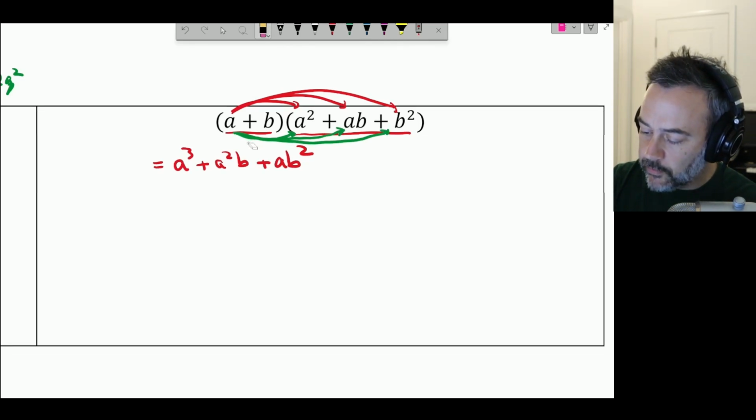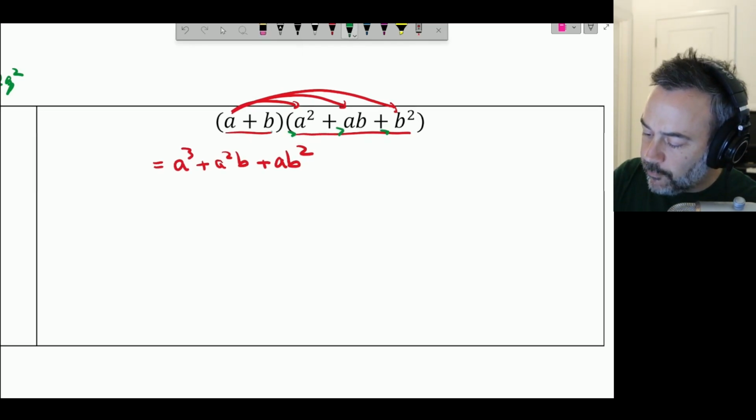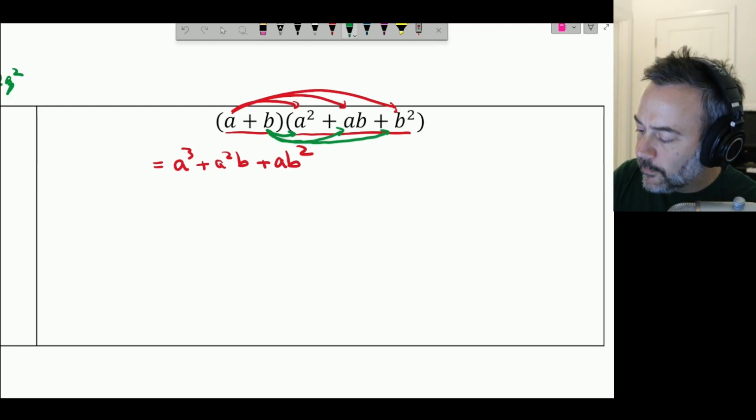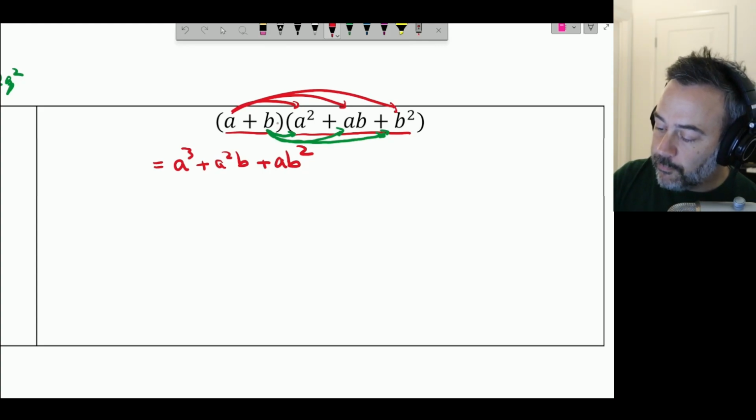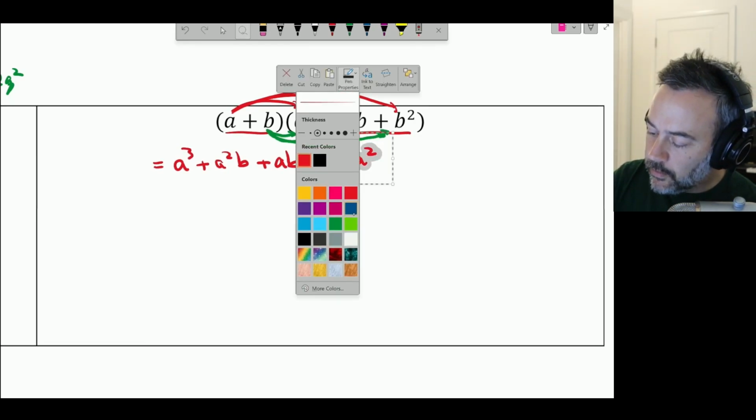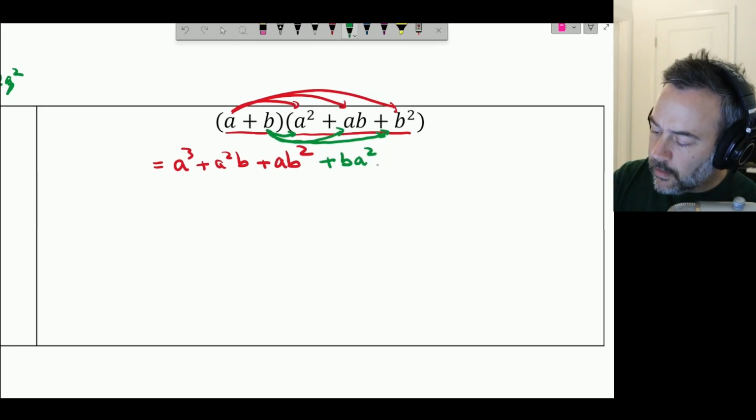Oops, I pointed all those to A, but I want to distribute the B to everything. So B times A squared, BA squared. B times AB, AB squared. B times B squared, B cubed.